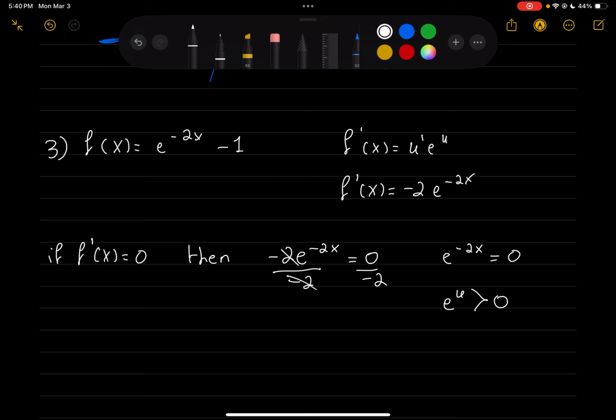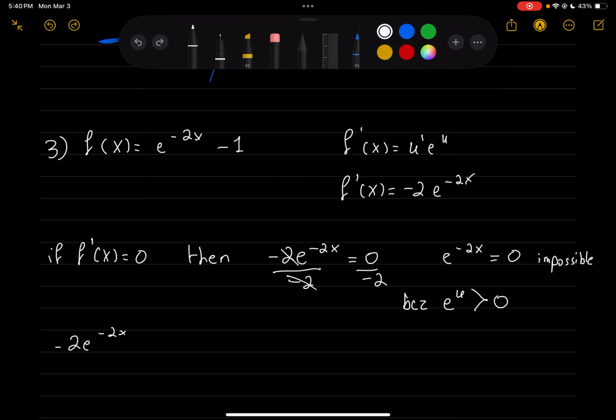It is never equal to 0 and it's never negative. Unless you put a negative sign over here, of course. But since it's by itself, it is strictly positive, which is impossible over here. Because e to the power of u is always positive. This means that negative 2 e to the power of negative 2x is either always positive or always negative.